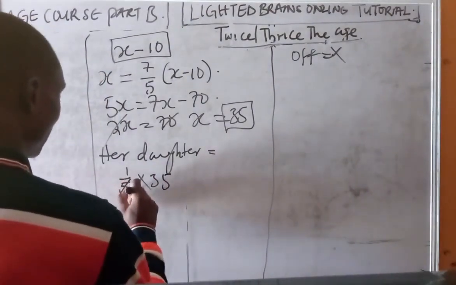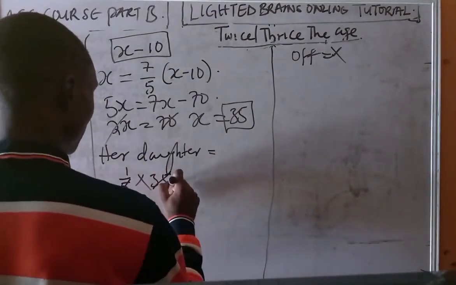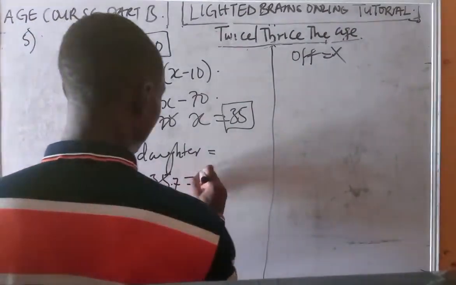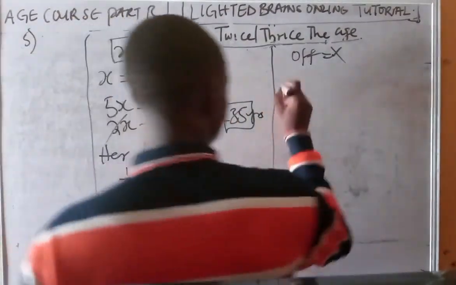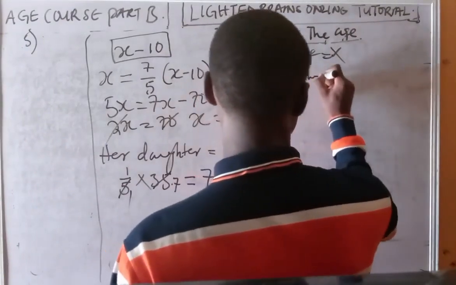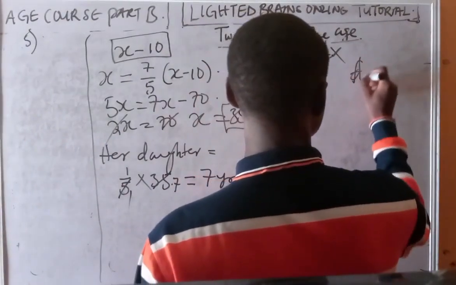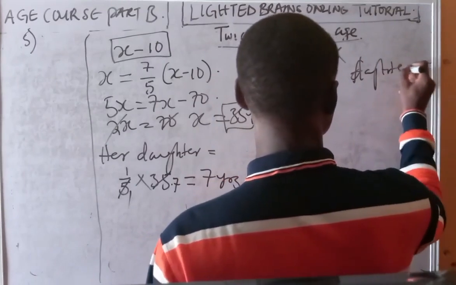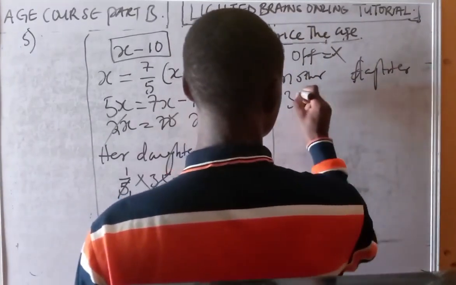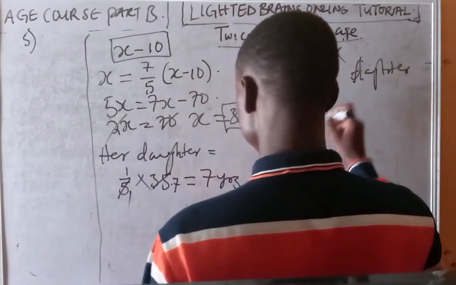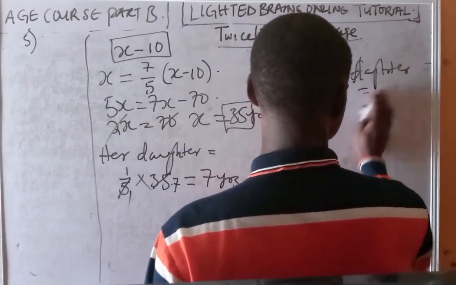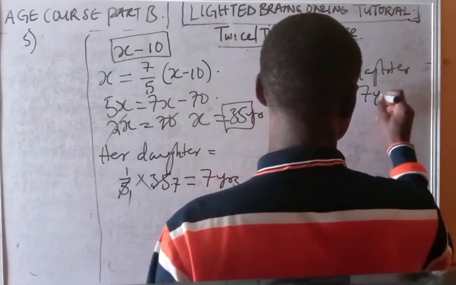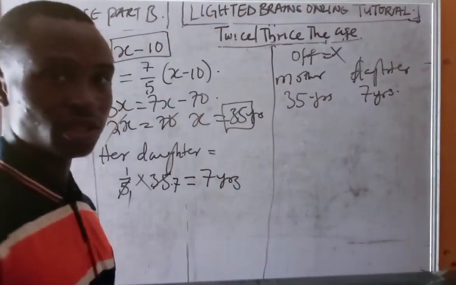So cancel 5 here, 1, you cancel 5 here, 7. So our daughter will be 7 years. Our mother will be 35 years. Mother and daughter. Mother is 35 years. Then our daughter is 7 years. Do you understand now?